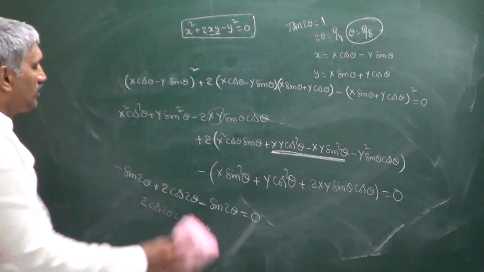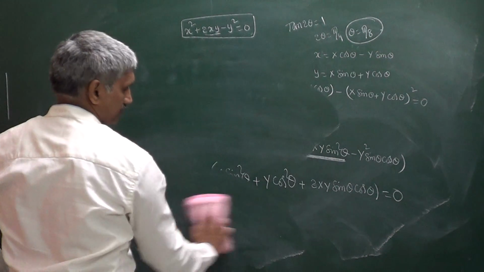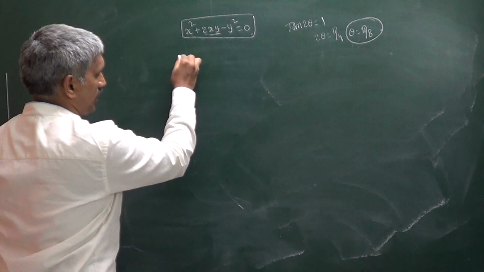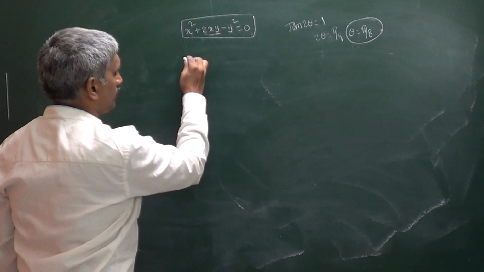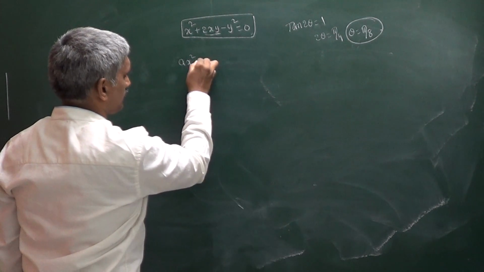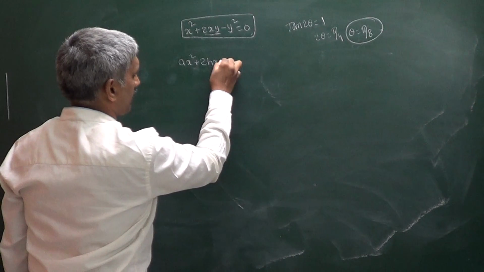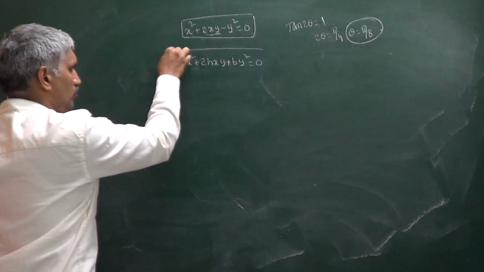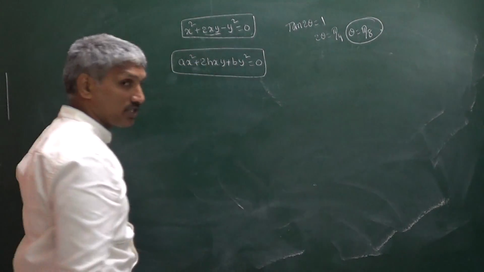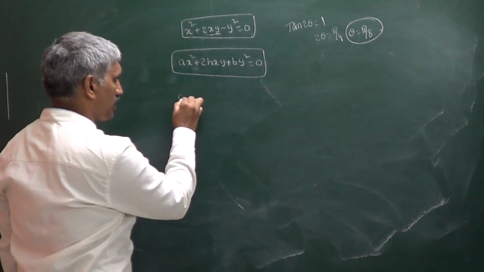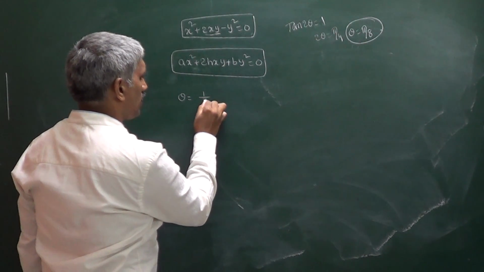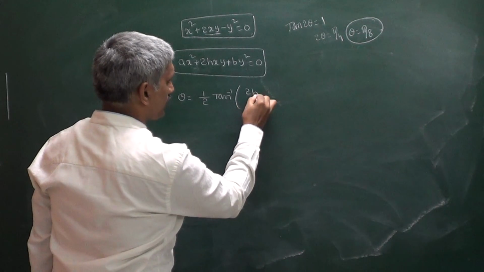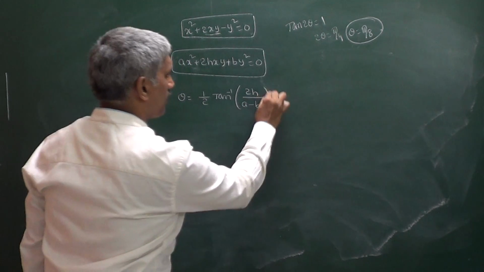So this is the way to proceed to remove the xy term. But the same question we can do in this way. For ax square plus 2hxy plus by square equals 0, to remove the xy term in this equation, the angle of rotation is theta equals half into tan inverse of 2h by (a minus b).